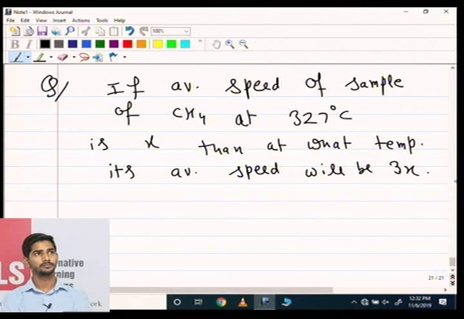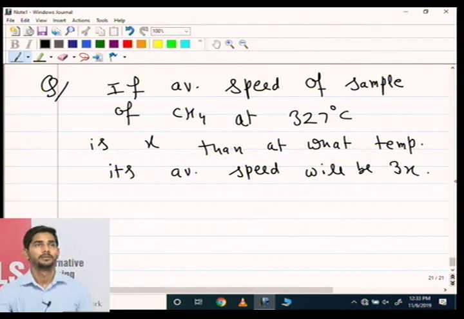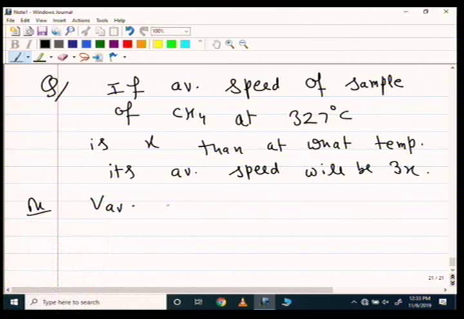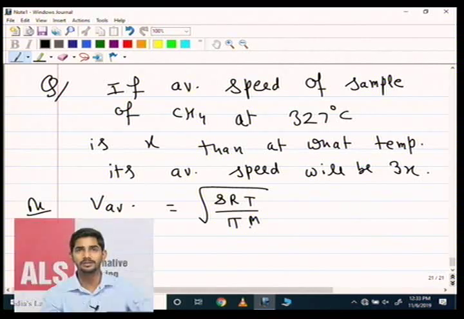Shillong. Okay, fine. Let's check out. See, V average is nothing but root of 8RT upon pi M. So guys, for such kind of questions, I'll suggest whatever constant is given to us, just remove them.